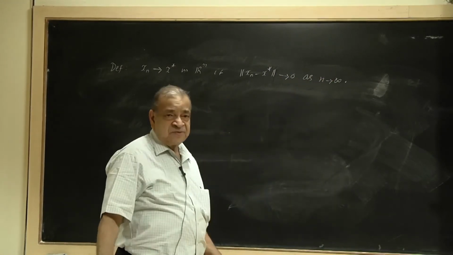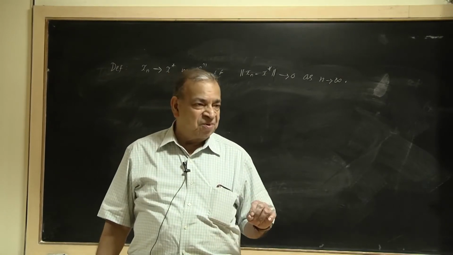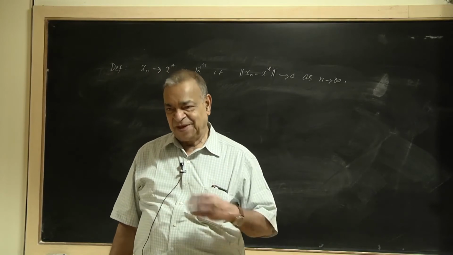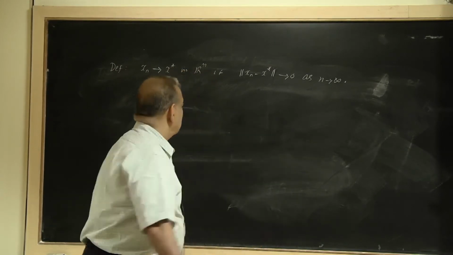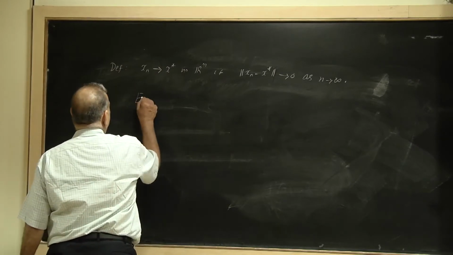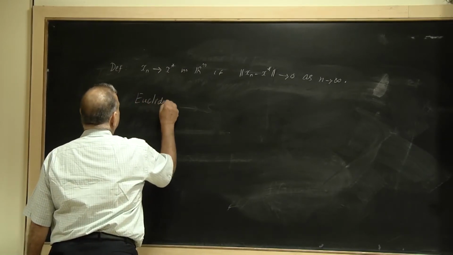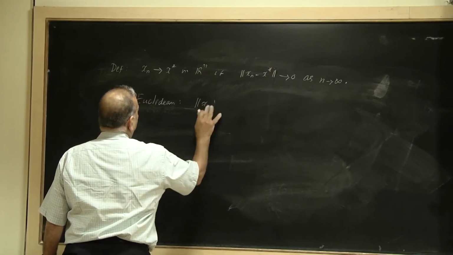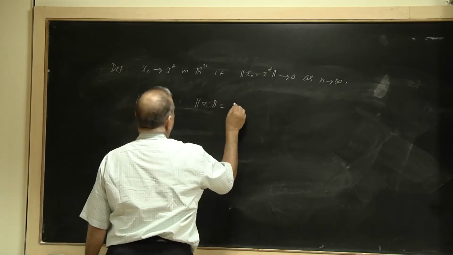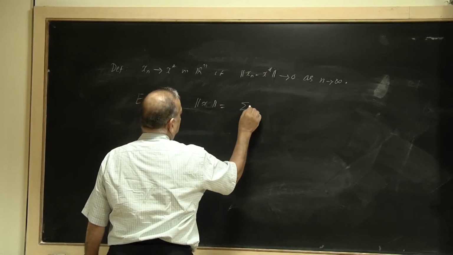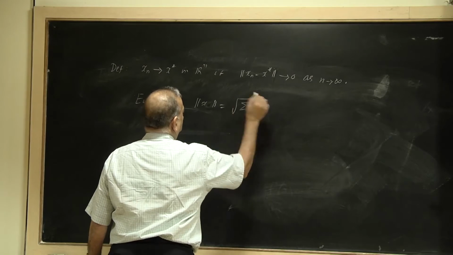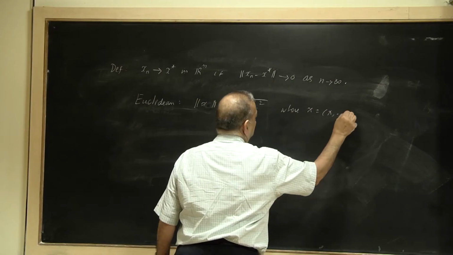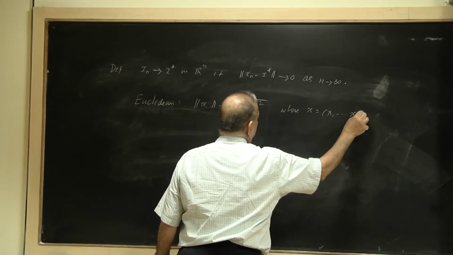There are several norms: Euclidean norm, L1 norm, L infinity norm. There are 3 different important norms. One of them is Euclidean. Norm of x is the square root of summation xi square, where x is this vector in Rn.